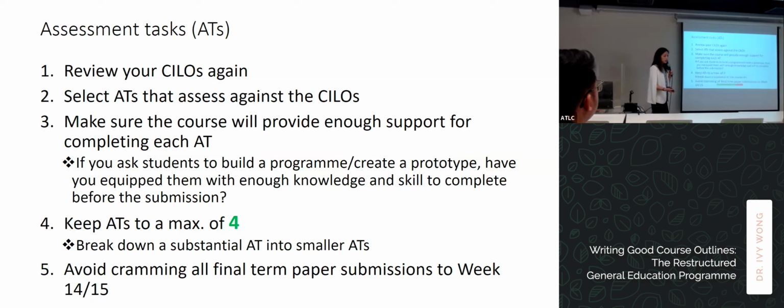Reviewers always look at these two things. So if you want to avoid having too many comments from the reviewers, you need to know what they're looking at. I think instructors don't know what we are commenting on, so sometimes it's just miscommunication. So make sure you select ATs that assess against the silos. You cover all of them.